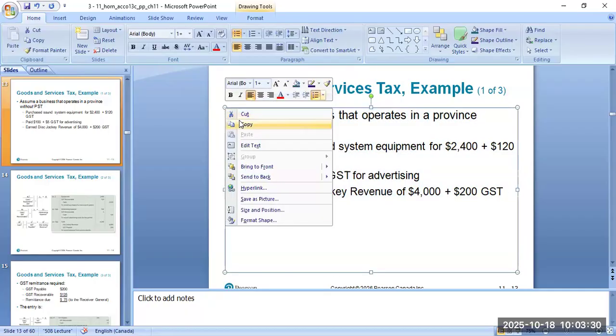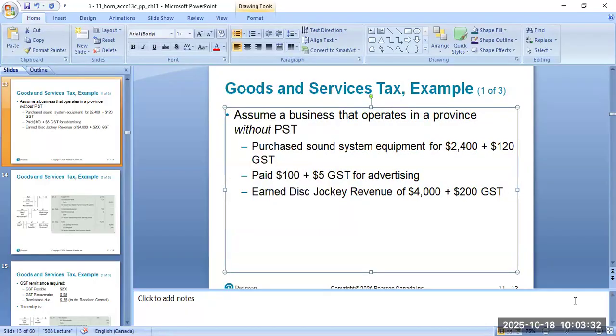Let me copy this, and I'm going to move to the Excel. Just give me a second to open my Excel spreadsheet. Make it a little bit bigger.